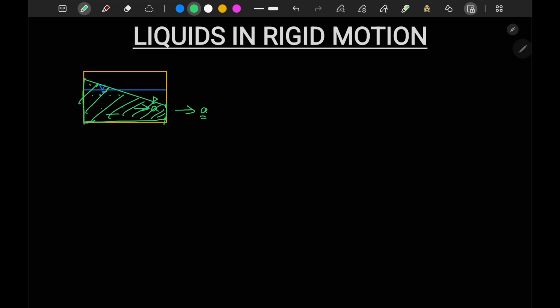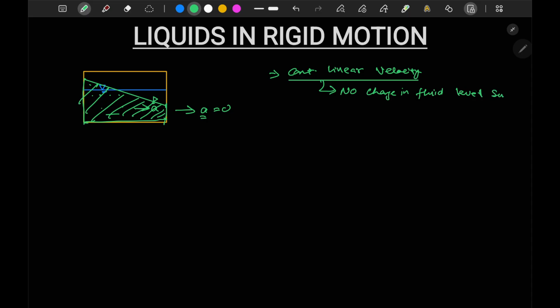Now here, as I mentioned acceleration, let's say that your acceleration is equal to 0. So if it is a uniform or constant linear velocity, there will be no change in the fluid surface.